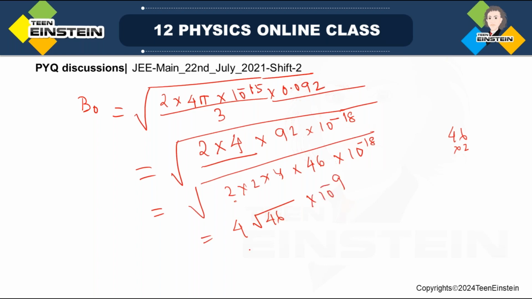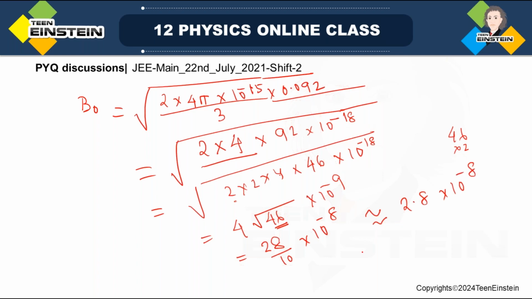Okay. So here if we just approximately take this as 79, that means we'll get something like nearly 28. And from here 10 I'll take here, so this will be 10 to the power 8, so it will be nearly 2.8 into 10 to the power minus 8.